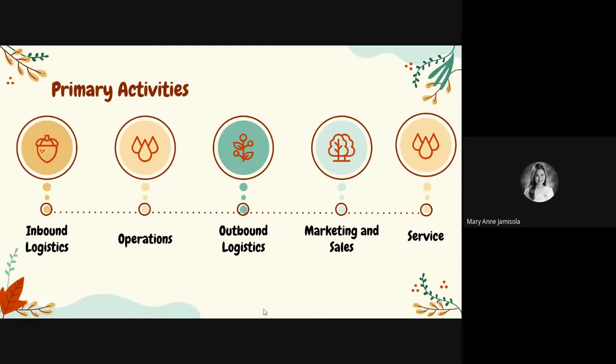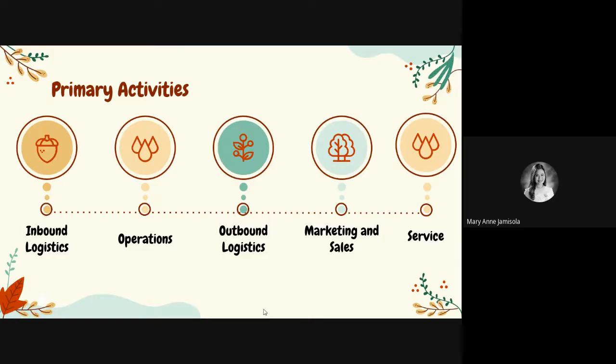The relationship with suppliers is a key component in this process. For activities under operations, these activities involve transforming inputs into final product. Activities such as machining, packaging, testing, and equipment maintenance form part of operations.